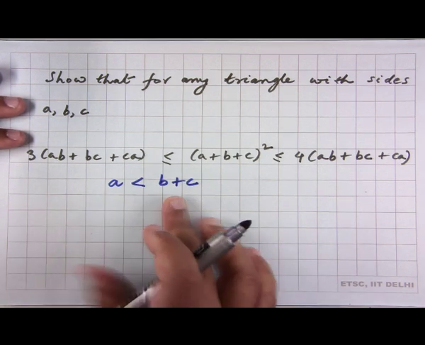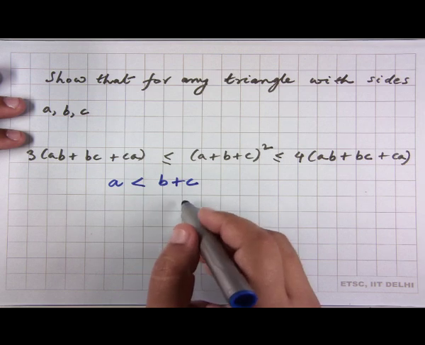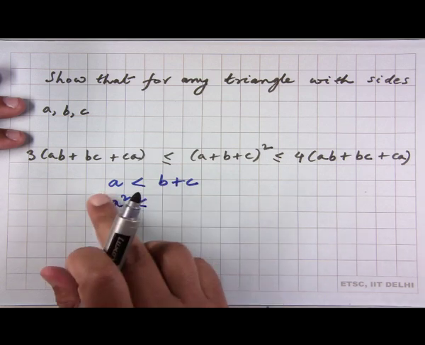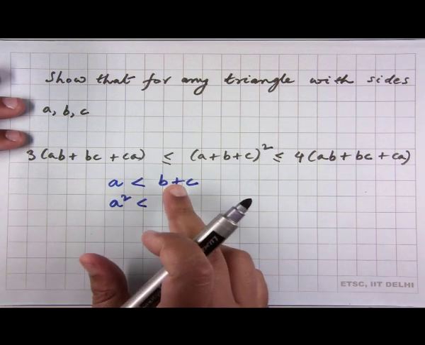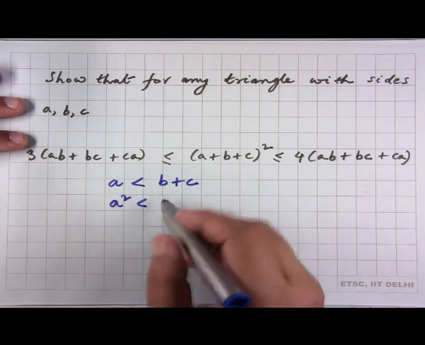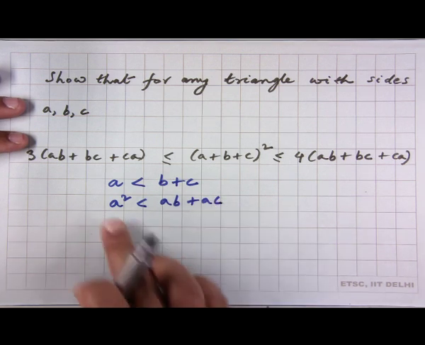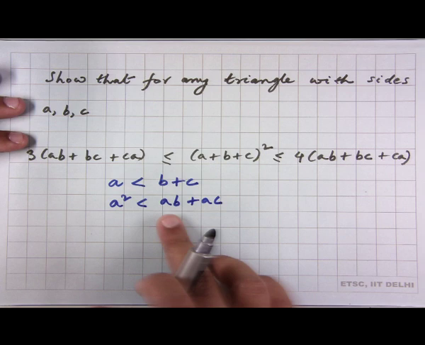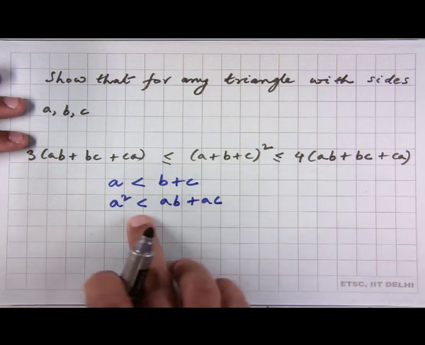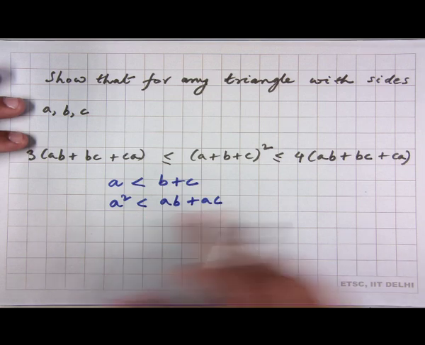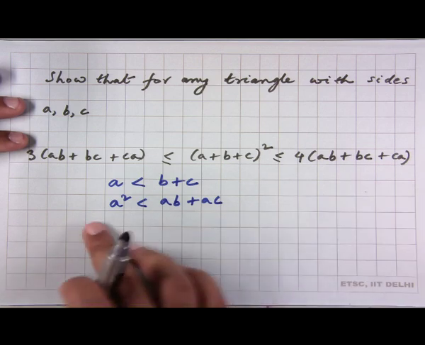So, we have A less than B plus C, and from where we can write that if we multiply both the sides of this inequality by A, we get A square is less than AB plus AC. The reason why I multiply with A is because I want to have terms of this type on the right hand side of this inequality.